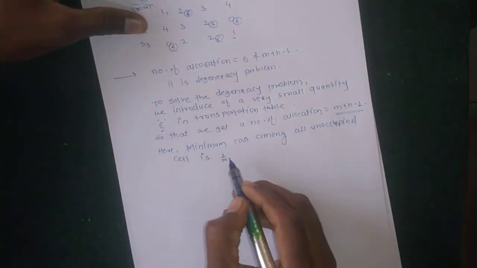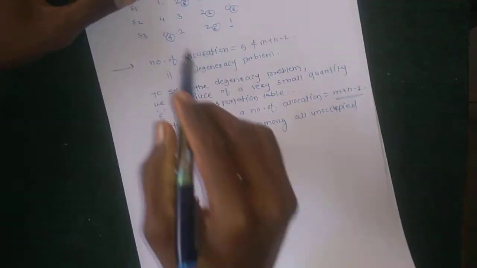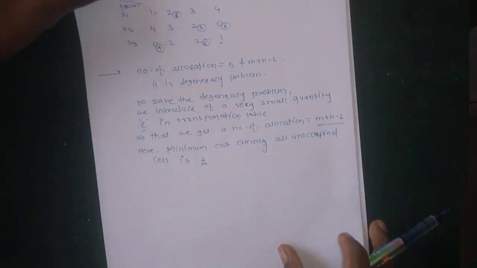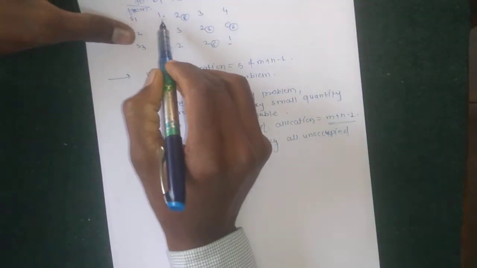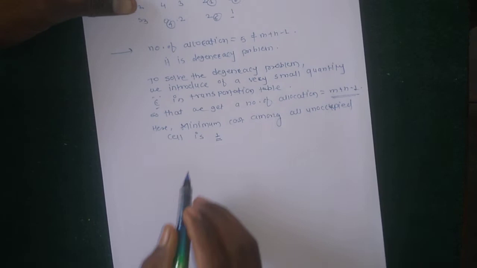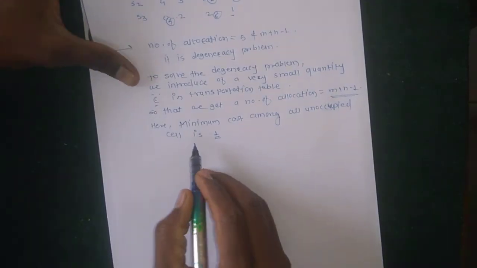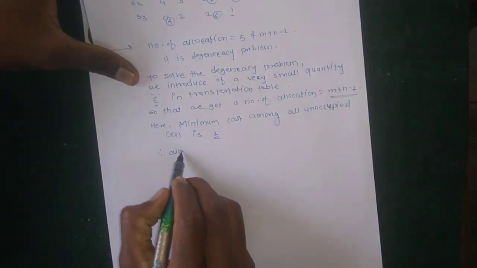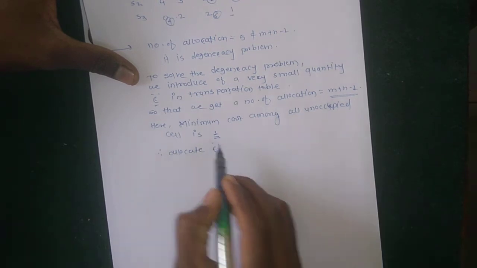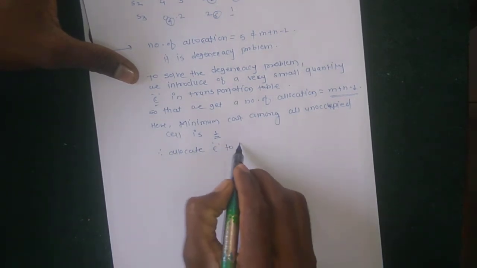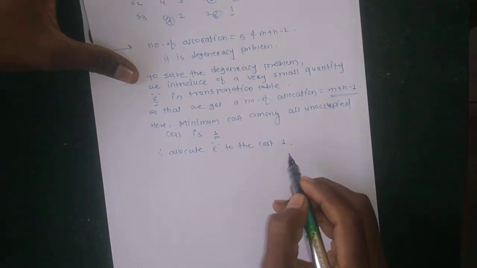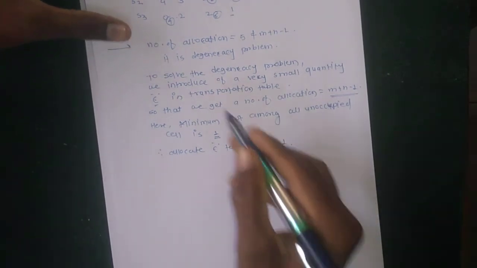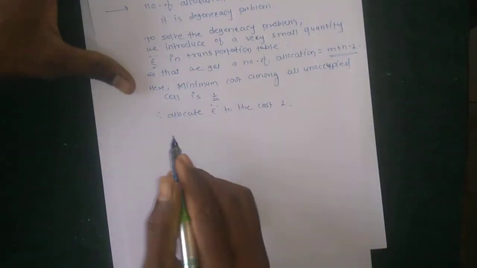Here 1 has two values, two positions where 1 is given. Select any one of these. If I select S1 D1, therefore allocate epsilon to the cost 1, and write the table again here.